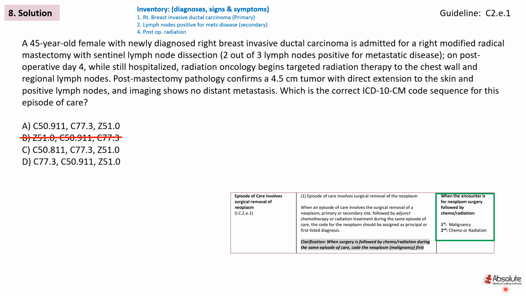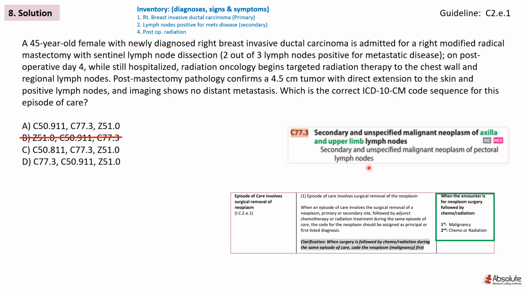And now let's take a look at these codes here. So we have C77.3, secondary and unspecified malignant neoplasm of axilla and upper limb lymph nodes. This is definitely in line with what we have going on here. So we are going to keep all the options with this code here. But we do eliminate D because, as you can see, this is secondary and this D option is listing the secondary first.